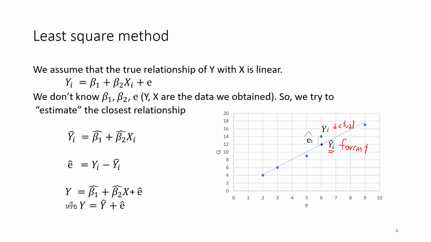So the difference between actual data and forecast data, we call it error, which we put the hat on it, which means this is the calculated error or forecast error. Okay, so hat means you predict it or you forecast it.